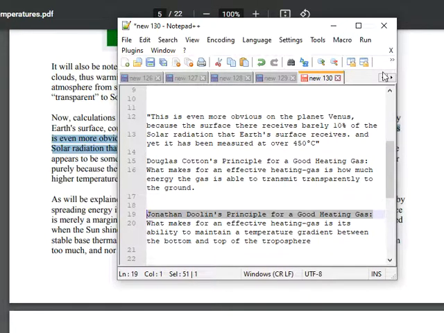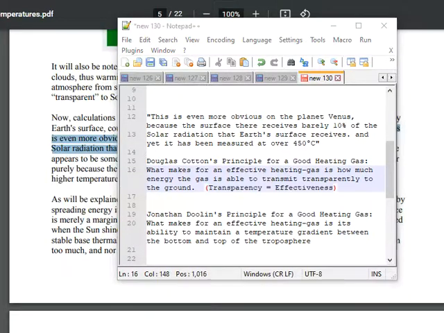His idea of what makes an effective heating gas is how much energy the gas is able to transmit transparently to the ground. So his principle in mathematical terms is basically that the transparency of the gas, if it's 100% transparent, then that would make it 100% effective in heating the ground.